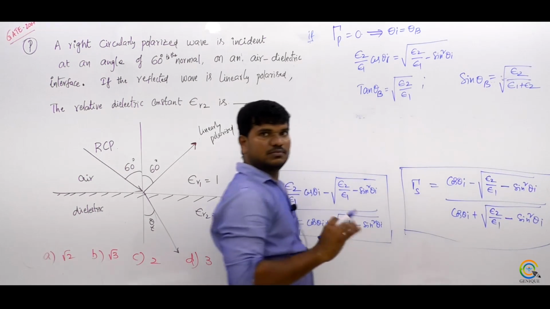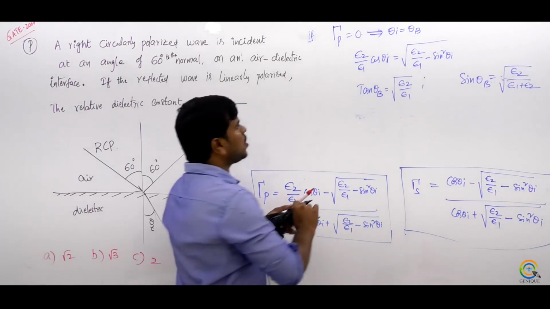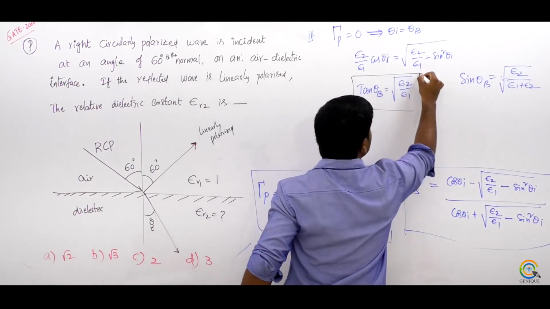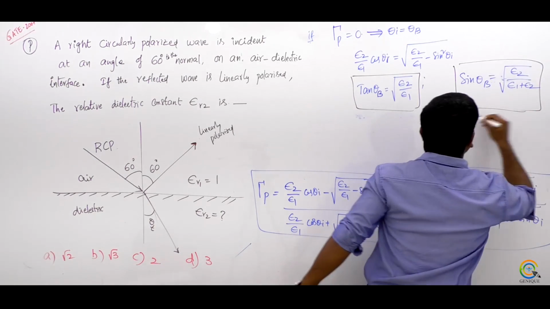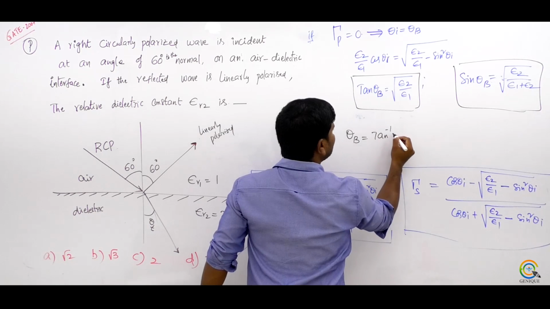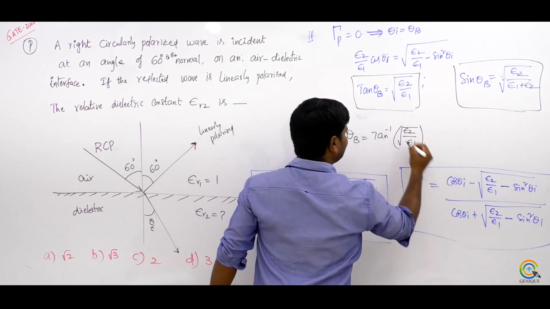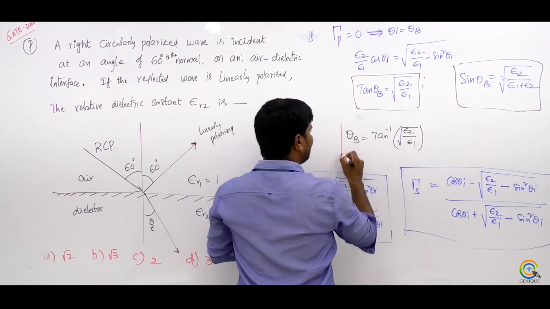These two are the same. Simplify that. So this is called the Brewster's angle. So theta b is equal to tan inverse of root over epsilon 2 divided by epsilon 1. This is called the Brewster's angle.